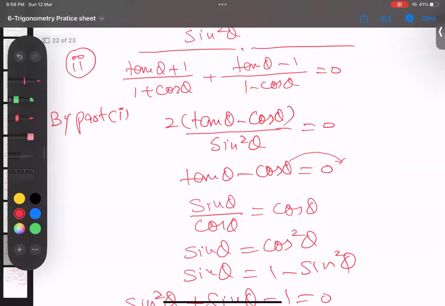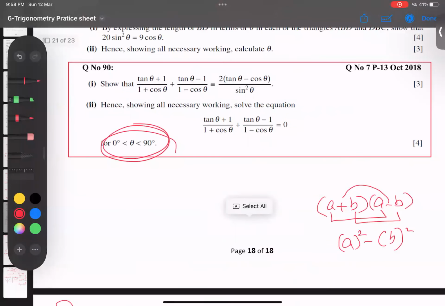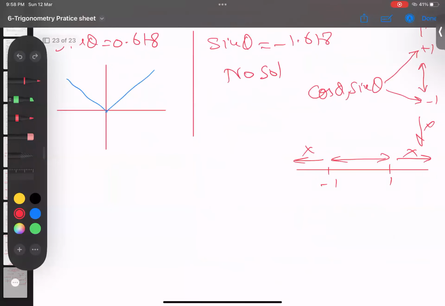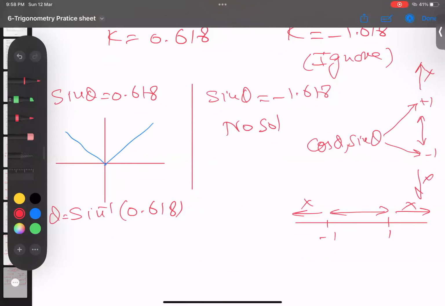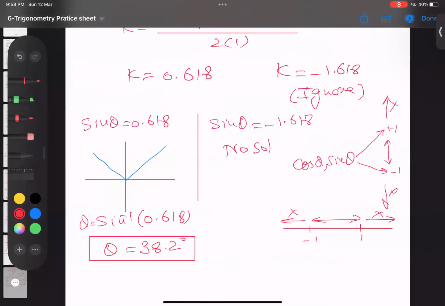But look at here, first quadrant, 0 to 90 degrees. So I will find only one solution, and that is theta equals sine inverse of 0.618. And when I take sine inverse of 0.618, it gives me 38.17 degrees. And this is my final answer. I hope the concept is clear.